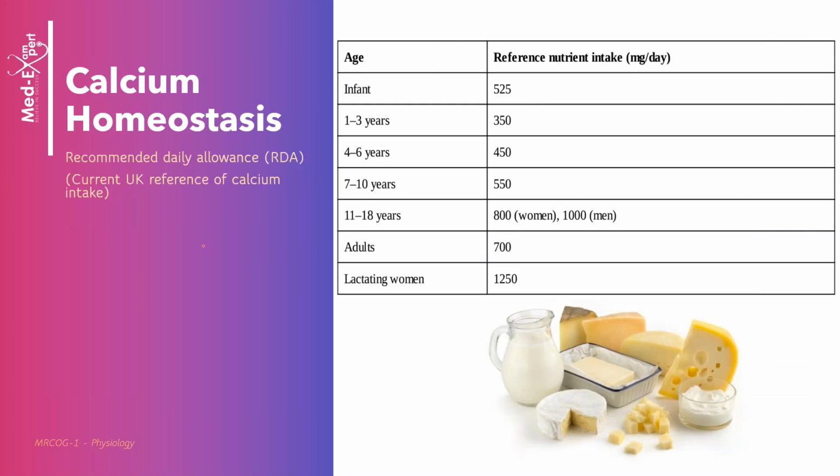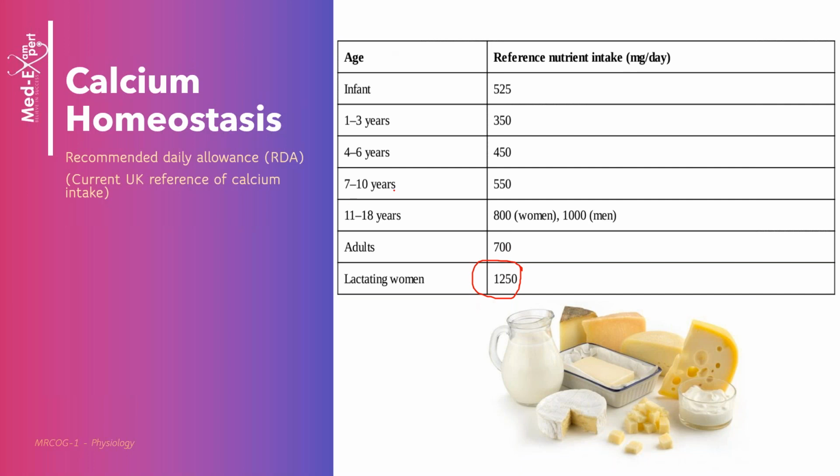The recommended daily allowance, or the UK reference of calcium intake. What's important for us to know is that the demands of calcium increase in pregnant and lactating women. In lactation, especially, it needs about 1,250 milligrams per day of regular calcium intake.